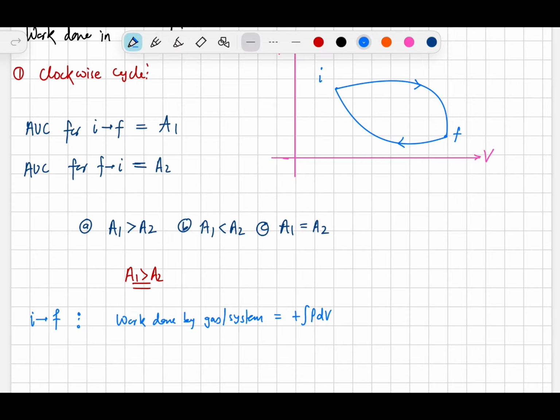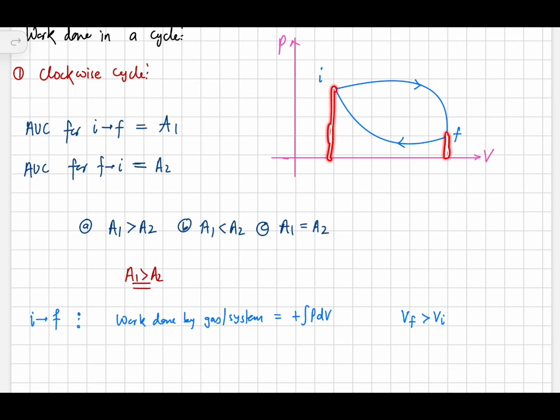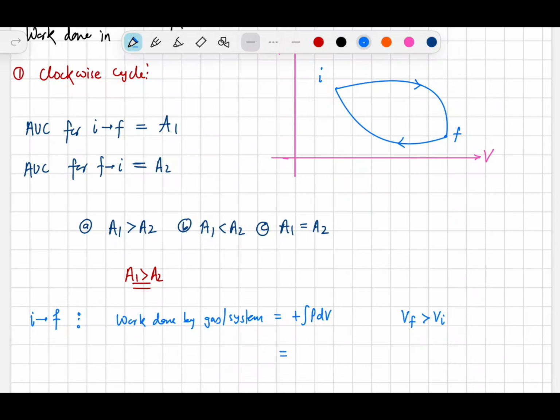So of course V final is greater than V initial, है ना, क्योंकि ये V final यहाँ पर है, V initial यहाँ पर है, ठीक है. And pressure is always positive, right? Pressure is always positive. So अगर ये जो final volume और initial volume में ये relation है, तो of course this work is positive.